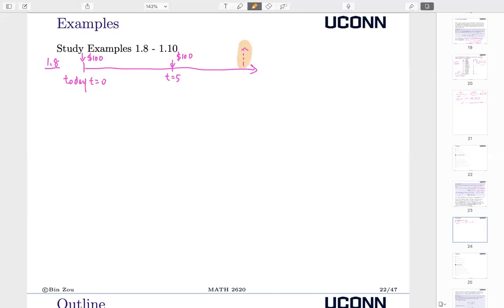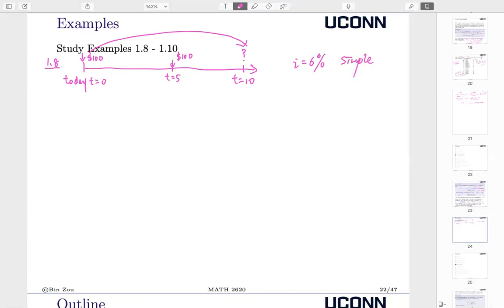Let me erase everything down here. What we want to know is how much my investment is worth at this time. Here we have two deposits. For the first one, we need to calculate how much it is worth at the end of 10 years, and it is simple interest with i equals 6%.